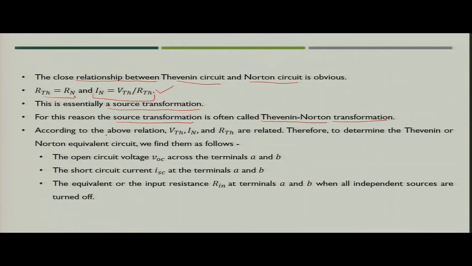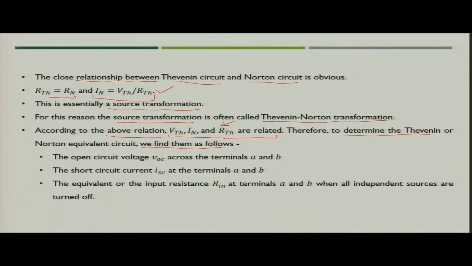Now, according to the above relationship, VTh, IN, RTh are related. Therefore, to determine the Thevenin or Norton's equivalent circuit, we only need to find them with the help of a circuit analysis technique, that may be mesh analysis or nodal analysis. So, we have VTh, IN, RTh as unknown variables which we have to find.